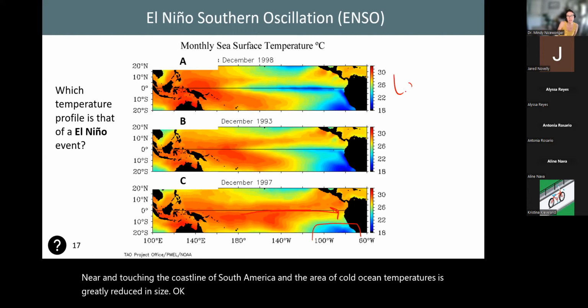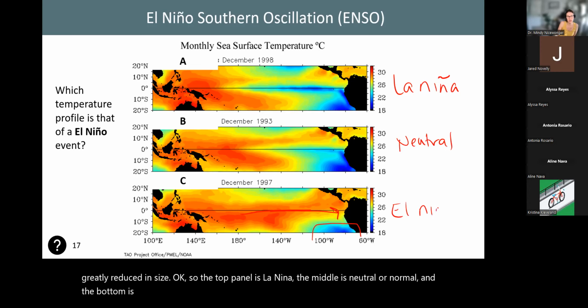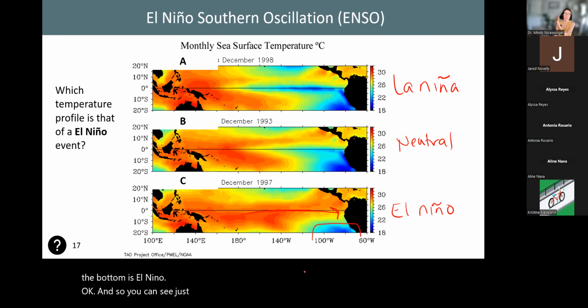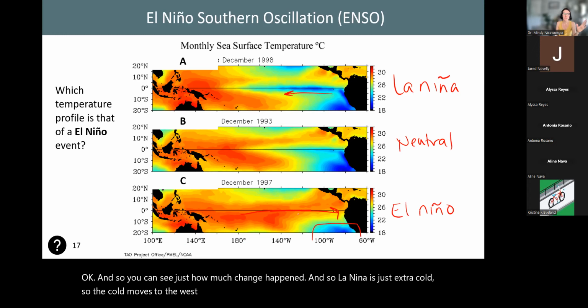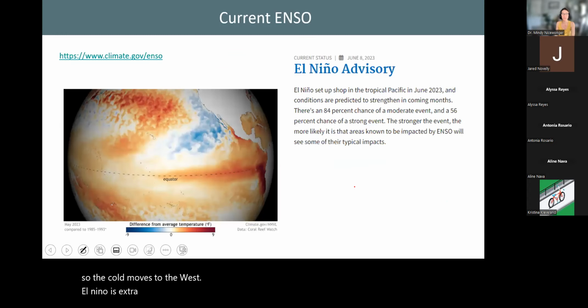Okay, so the top panel is La Nina, the middle is neutral or normal, and the bottom is El Nino. And so you can see just how much change happened. La Nina is just extra cold, so the cold moves to the west. El Nino is extra warm, the cold moves to the east.